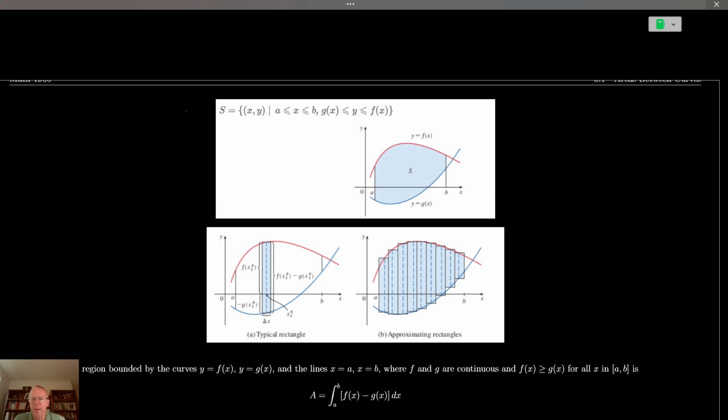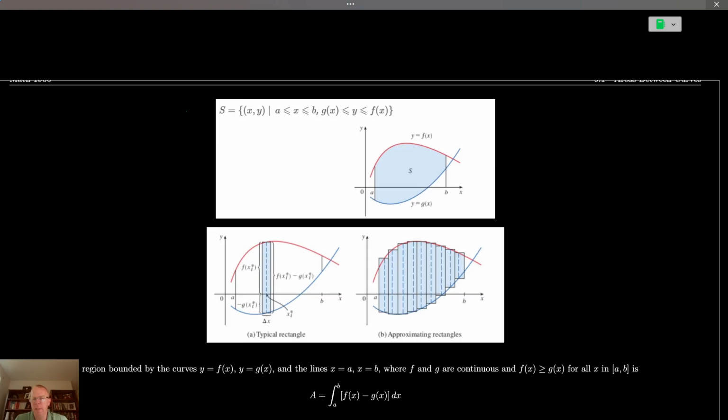Let's look at this motivating example. We have this region S. It is bounded on the x-axis between a and b, and then it's bounded by the curve f of x and the curve g of x. We want to find the area between all these. Going back to integrals in Calculus 1, we can take strips of delta x width and find the height of each strip.